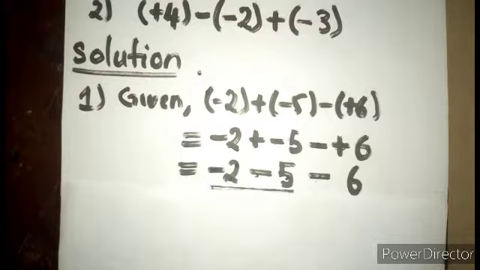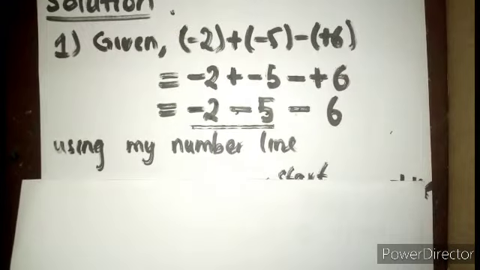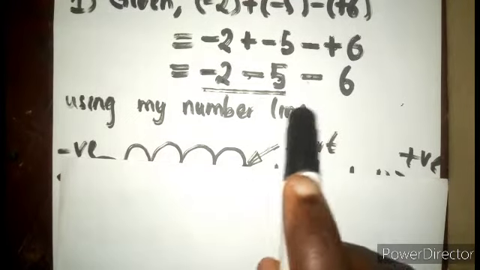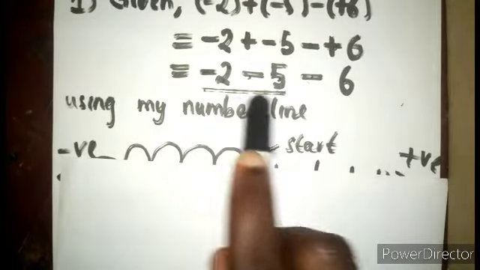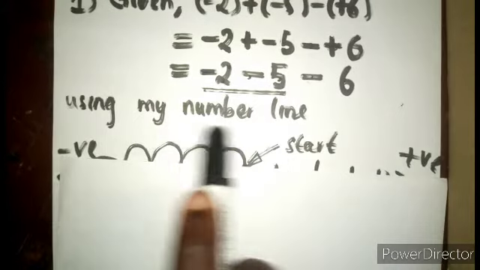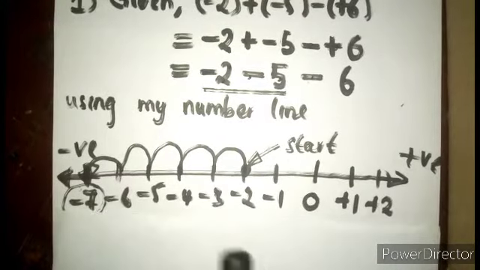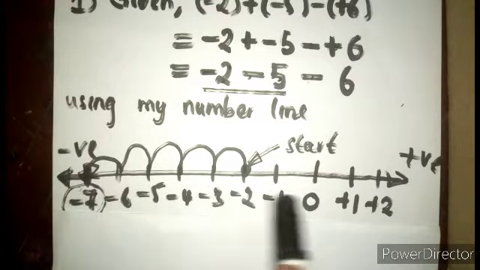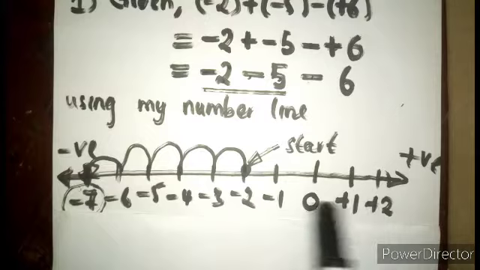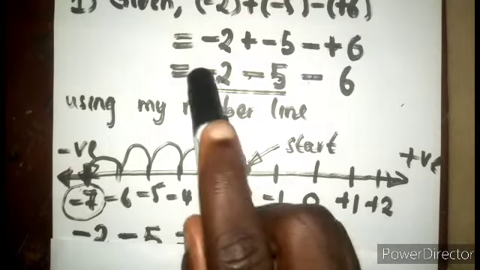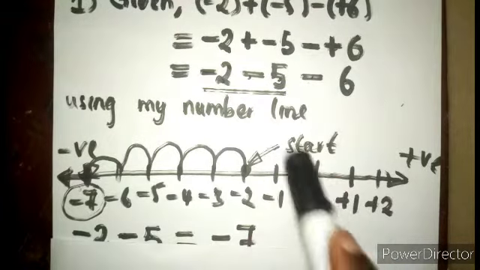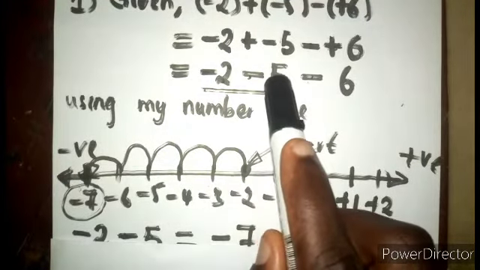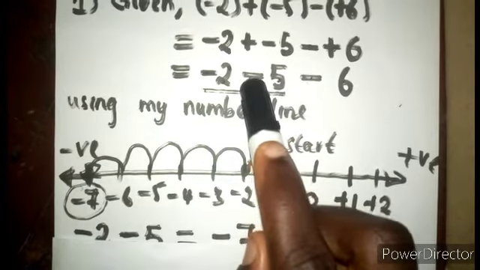So we see that to solve that problem, we need to construct a number line. To solve this, we need to consider these first two first. So using our number line, we make a number line with the positive axis, negative axis, and the neutral point is here. We label it. So since we are working minus 2 minus 5, we start at minus 2 and move how many times? 5 times. In which direction? Negative direction.